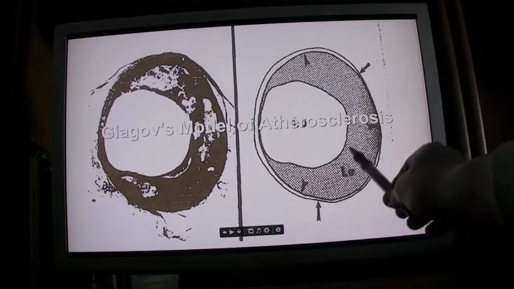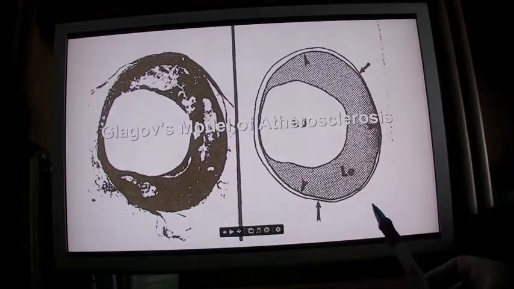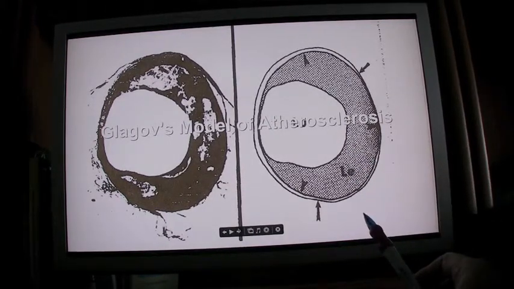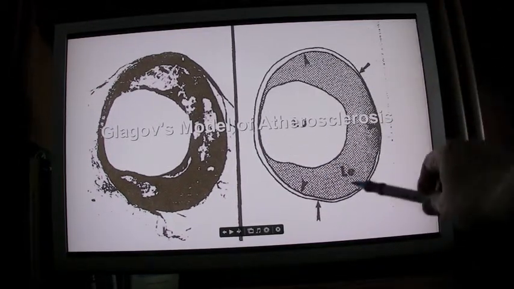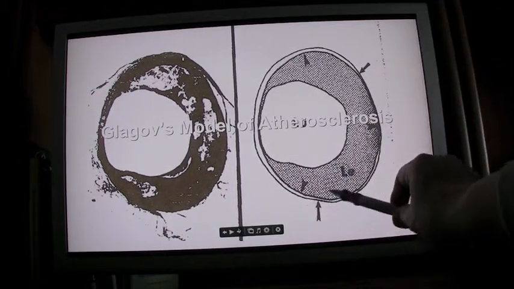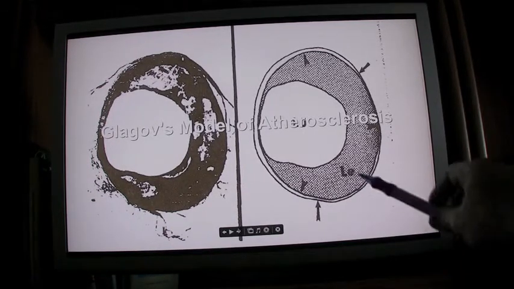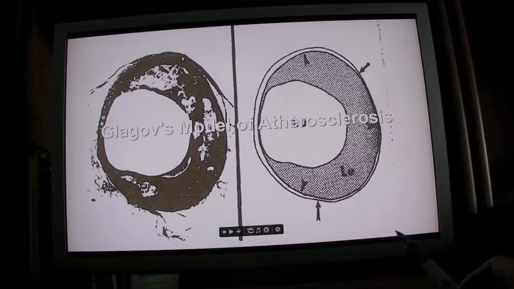This is the original lumen size of the artery, and as atheroma was laid down, it just affected the wall, causing remodeling of the artery, getting larger, pushing out. It has to reach a certain point before stenosis occurs.